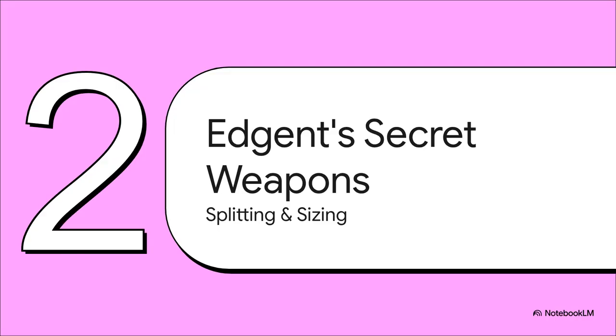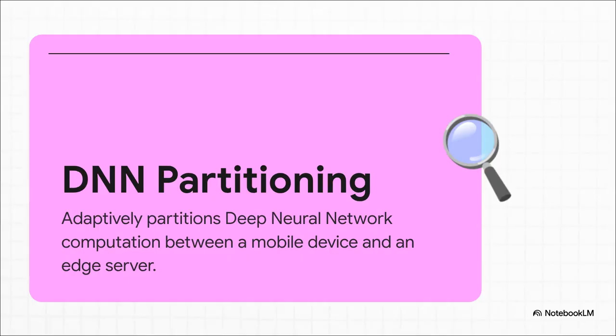So, how does Edgent actually pull off this perfect partnership? Well, it really comes down to 2 very clever techniques. You can think of them as its 2 secret weapons, splitting and sizing. Its first secret weapon is something called DNN partitioning. Now, a deep neural network, or a DNN, is made up of lots of different layers. What Edgent can do is look at all those layers and figure out the absolute perfect spot to slice that model.